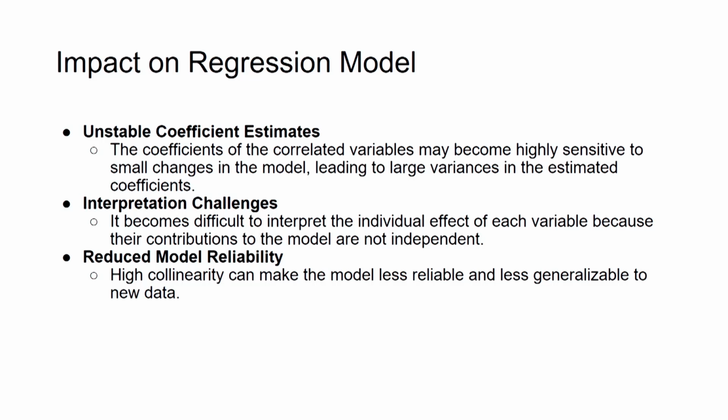It will be very difficult to see the individual effect of each variable, because these variables are related with each other, and so high collinearity will make your model less reliable.